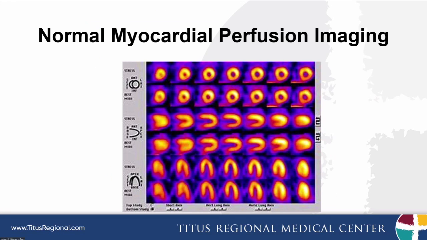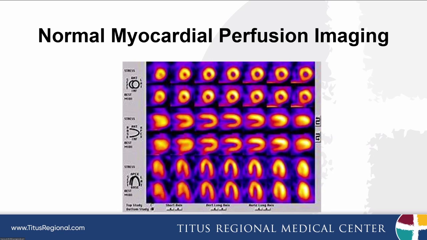So you can see here a normal set of images from a myocardial perfusion scan. To describe this to you, on the top two lines is what we see in the parasternal short axis view. This would be what you would think of if you laid the heart out on a table and sliced it from the tip to the top of the heart like a loaf of bread.